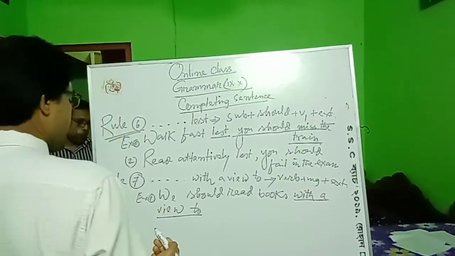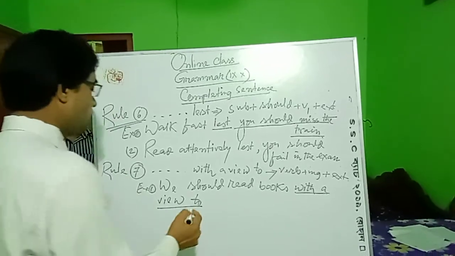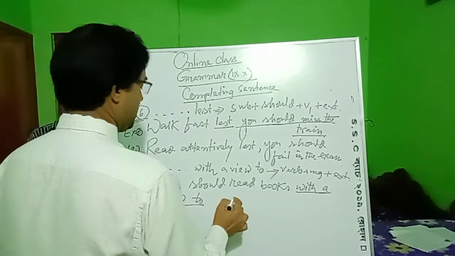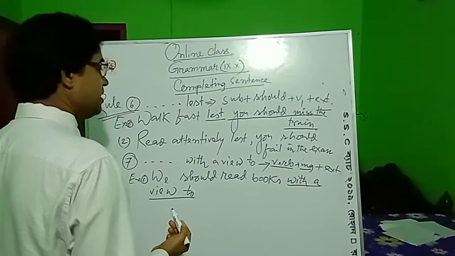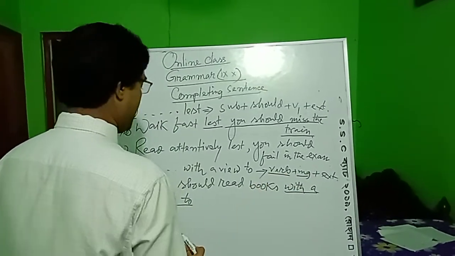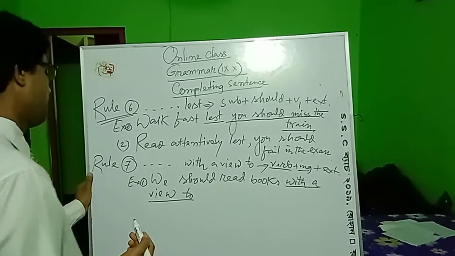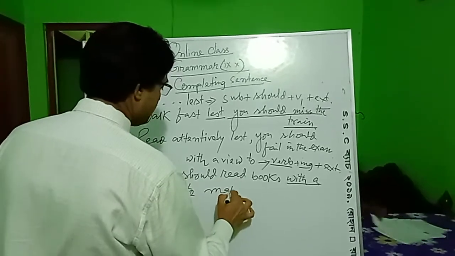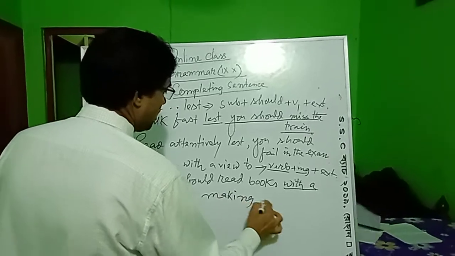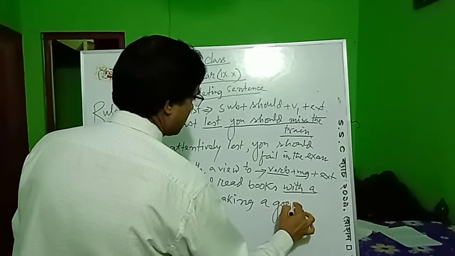At the end of the sentence, we will not use subject. Directly we will use verb and we will add ing with this verb and we will write the extension. We should read books with a view to making a good result.